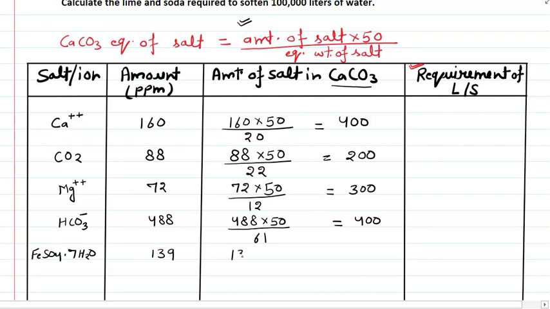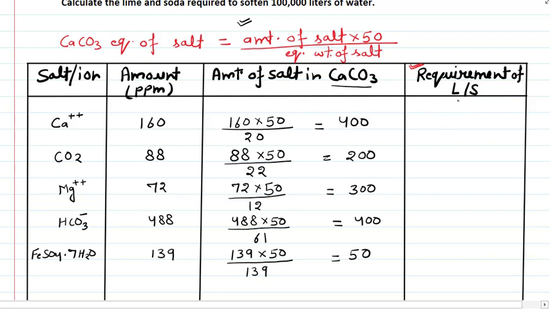By placing the value in the same formula, 139 multiplied by 50 divided by its equivalent weight, which is 139, we get 50. So here the conversion of all these ions, given salts and coagulant into calcium carbonate equivalent has been completed.